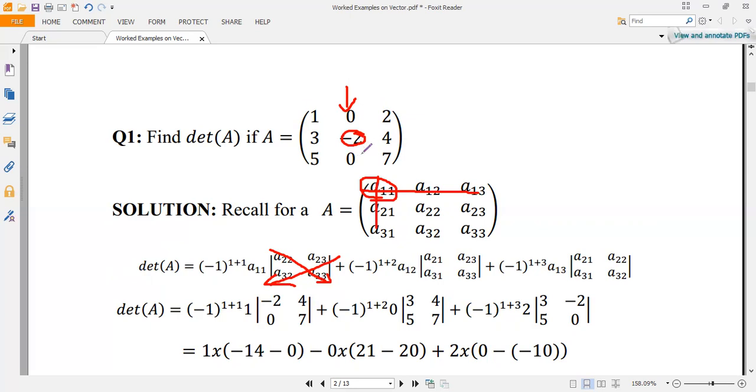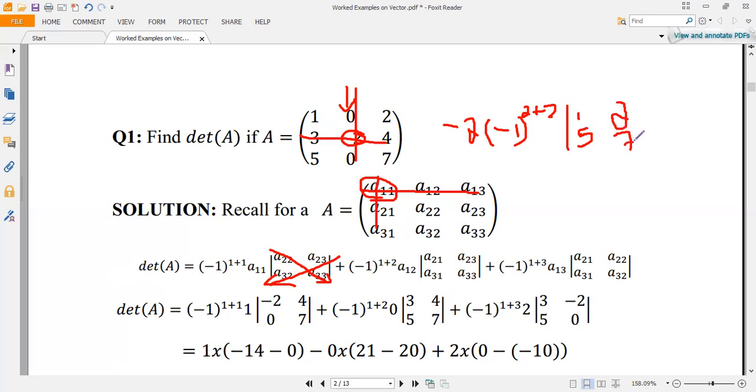If you cancel this row and column, we take minus 2 times its cofactor, which is minus 1 to the power of 2 plus 2, times its determinant, which is [1, 5; 2, 7].